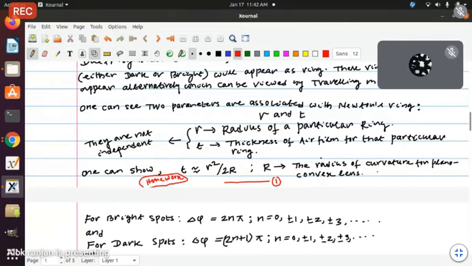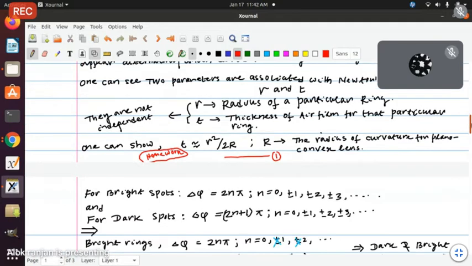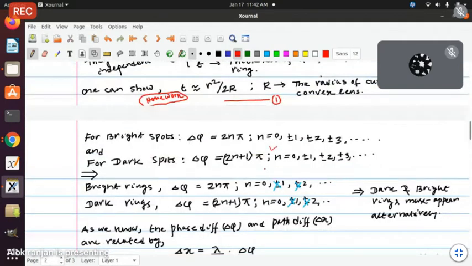That means the curvature portion of this plano-convex lens is a part of an imaginary sphere which has radius capital R. For a bright spot, this relation, and for a dark spot, this relation, as one of you have told, right? So it should be 2n plus 1, if we would like to write n as integers including 0.